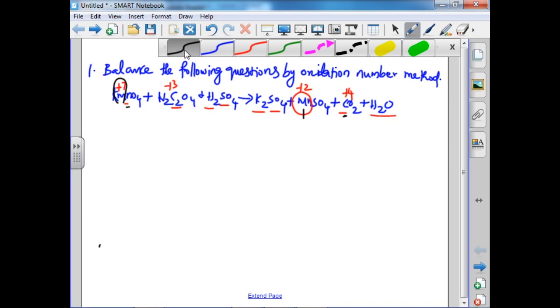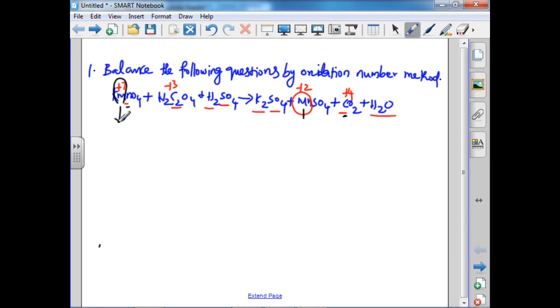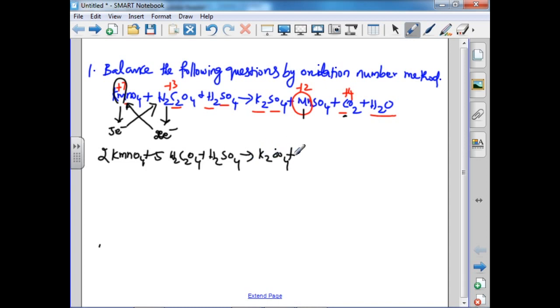So 5 electrons, 2 electrons, cross multiply: 2 KMnO4 + 5 H2C2O4 + H2SO4 gives K2SO4 + MnSO4 + CO2 + H2O.